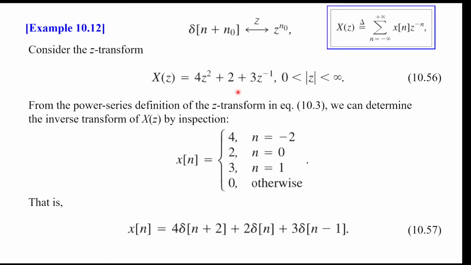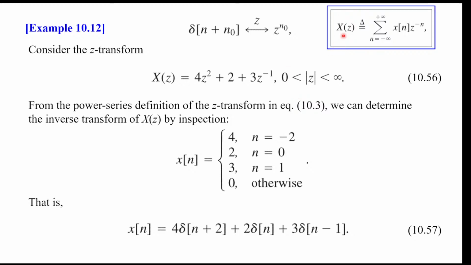So first we have our X of z equal to this, 4z squared plus 2 plus 3z minus 1, with ROC between 0 and infinity. Because all those terms are convergent, our ROC is just a very large range. Okay.